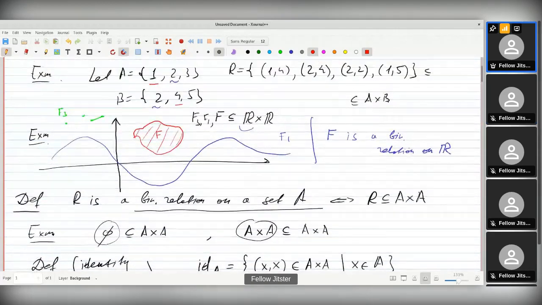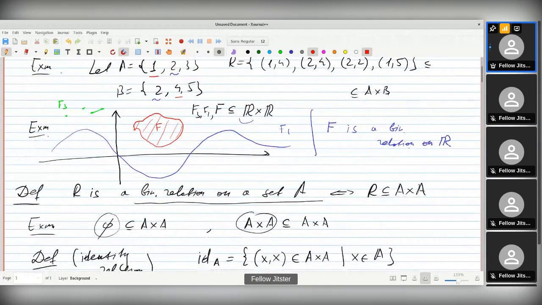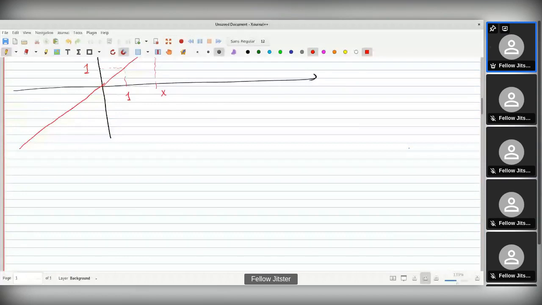Okay. For every binary relation, we can find two important sets, which are known as its domain and range.